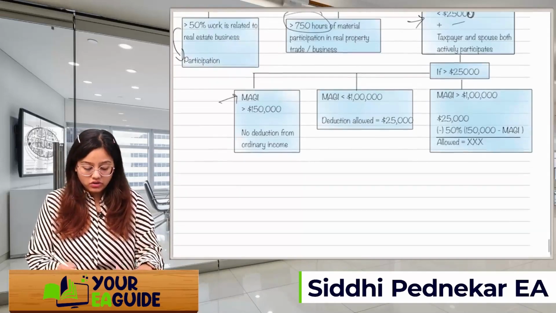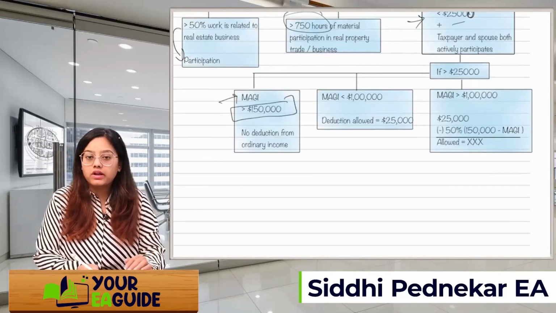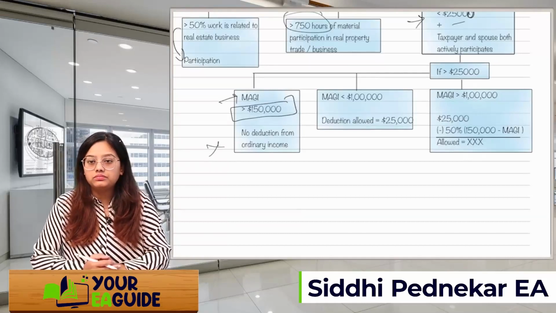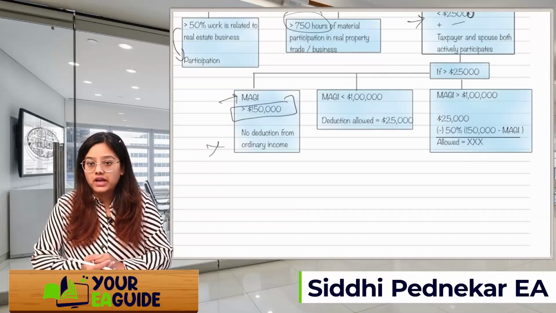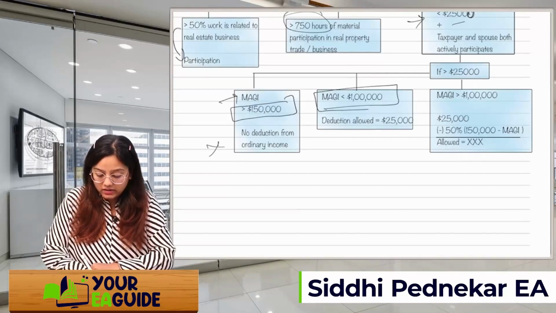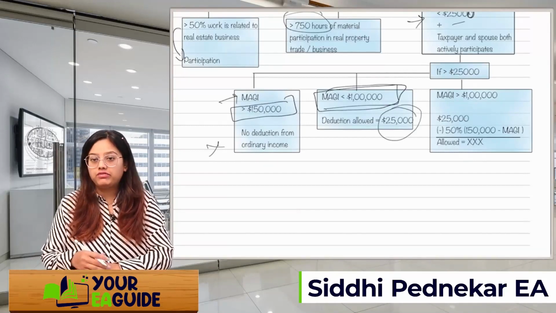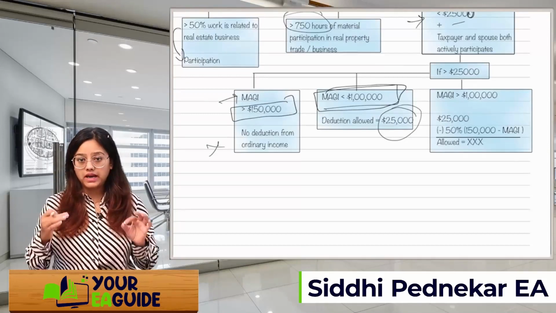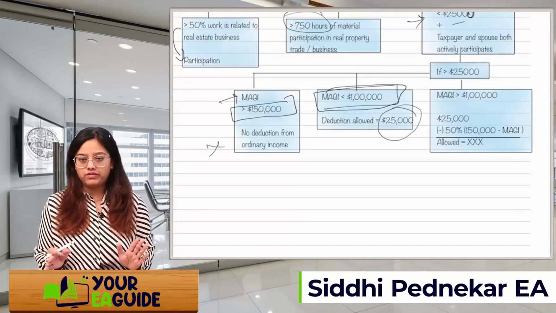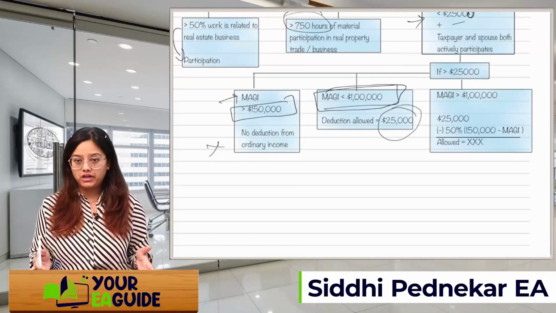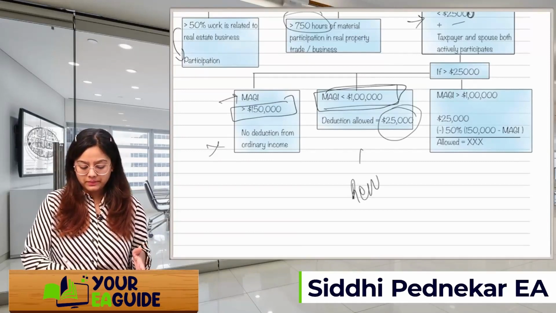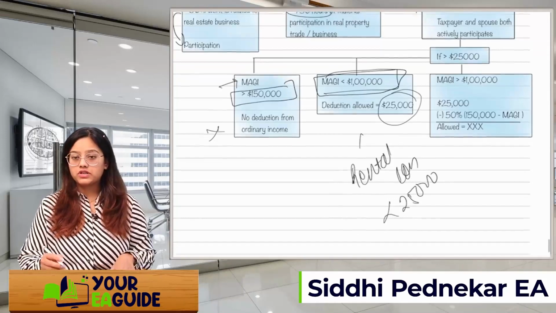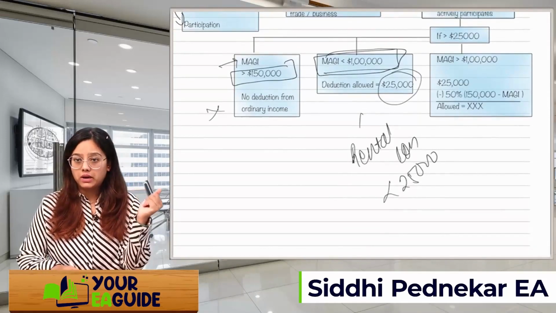Got it? So if your modified AGI is more than 1,50,000, then there is no deduction. If your modified AGI is up to 1 lakh, then the whole 25,000 will be allowed as a deduction against your ordinary income. You can set off the 25,000 of your passive activity loss, that is rental loss, against your ordinary income.